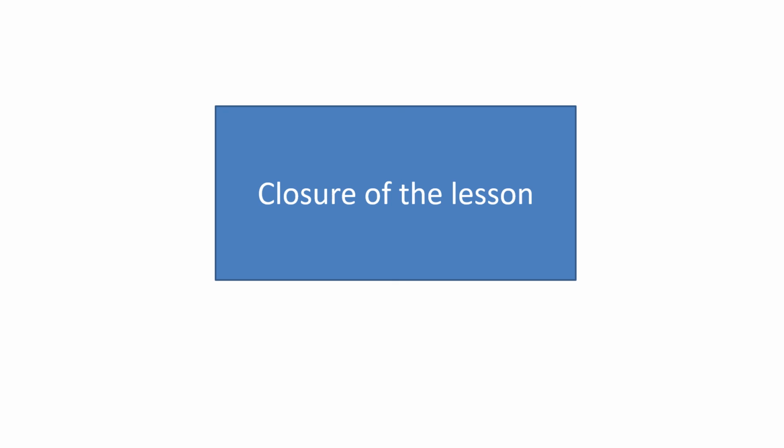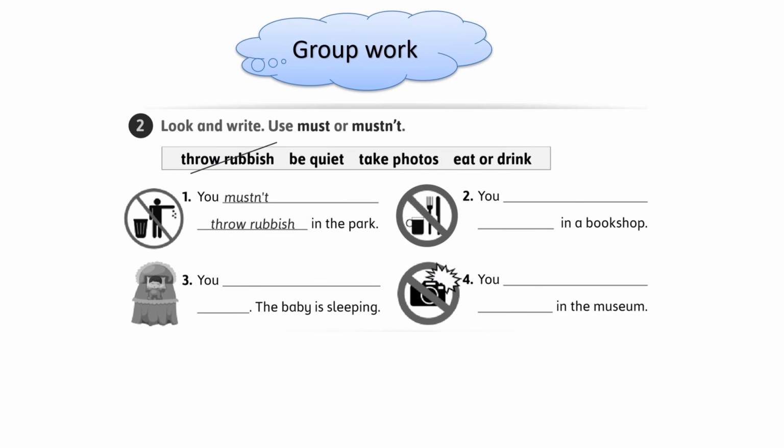Now we come to closure of the lesson. Look and write, use must and mustn't. Number 1, you mustn't throw rubbish in the park. Number 2, you must or mustn't in a bookshop. طبعا الجواب you mustn't eat or drink in a bookshop.